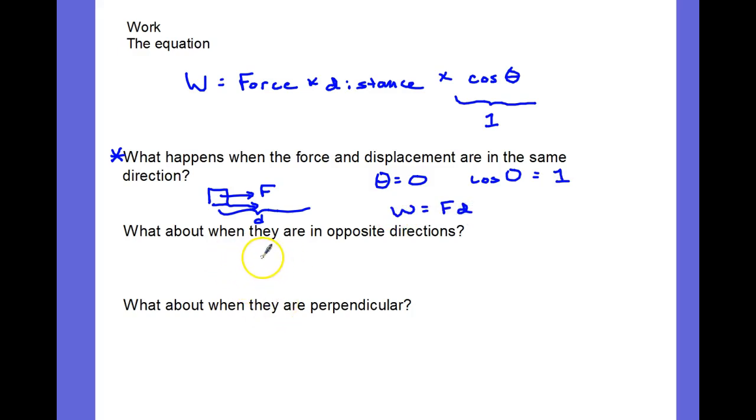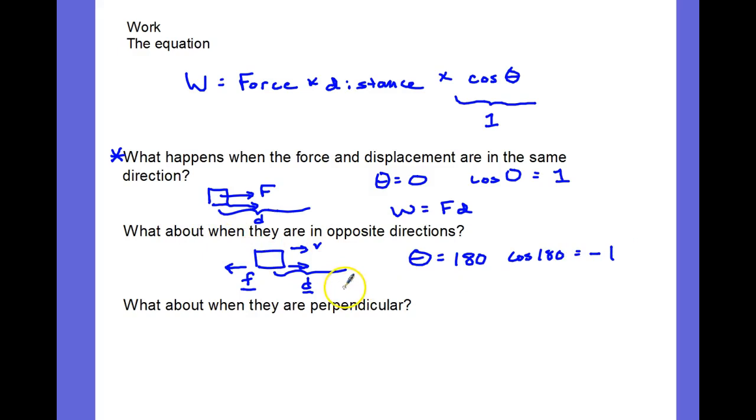If they're in opposite directions, like let's say I have pushed this box and it's moving in this direction with some velocity, but there's a frictional force acting in this direction and the box continues to move a distance d. So the displacement is in this direction. Okay, so the frictional force and the displacement are in opposite directions. Theta is then 180, and the cosine of 180 is -1.